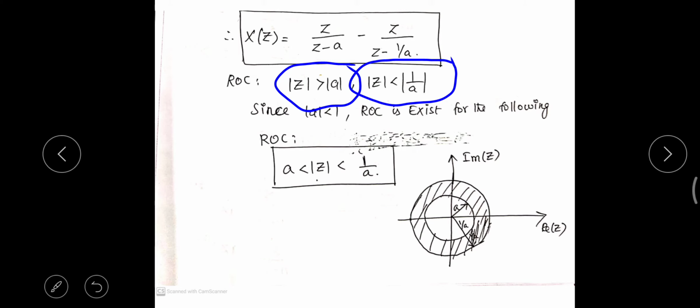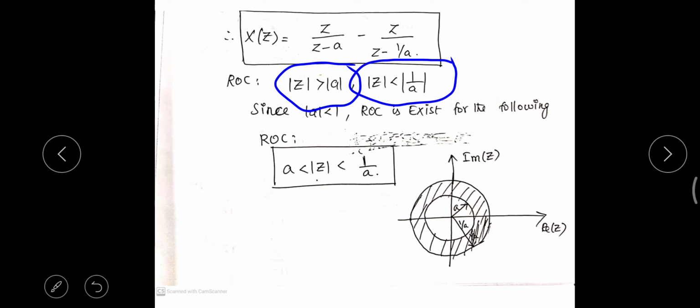Clearly they mentioned in the problem that a should be less than 1. For example, let us assume a is equal to 0.5. Then 1 by 0.5 is nothing but 2. So a will always be smaller, and 1 by a will be the greater value.